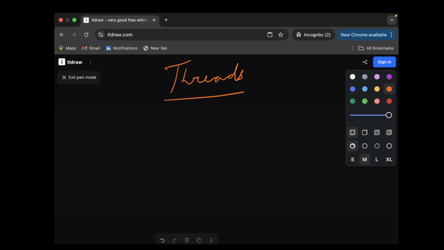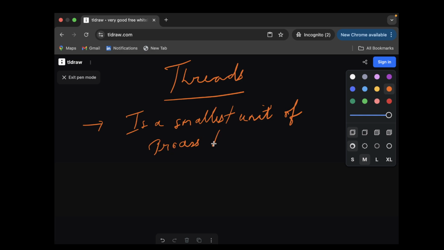That means a thread is the smallest unit of a process being executed. We'll try to understand this.